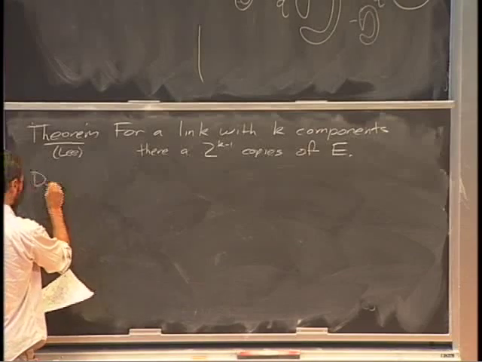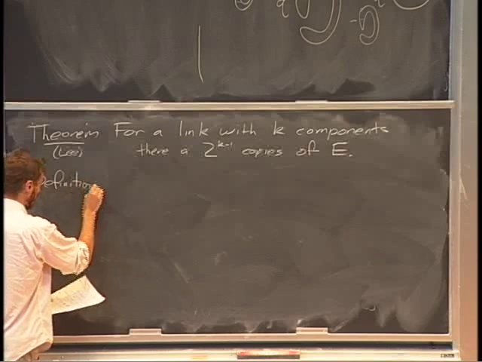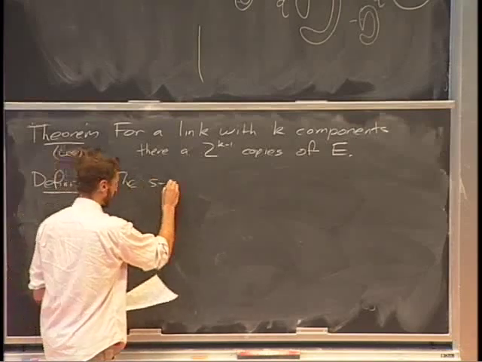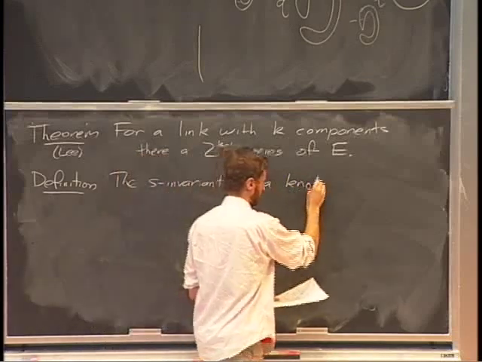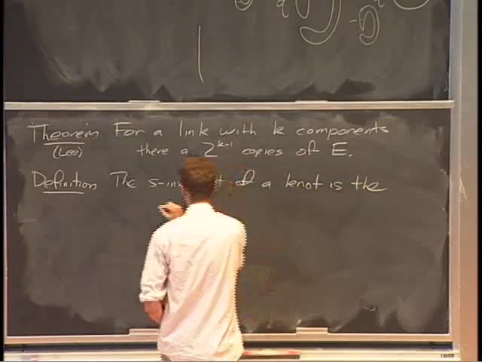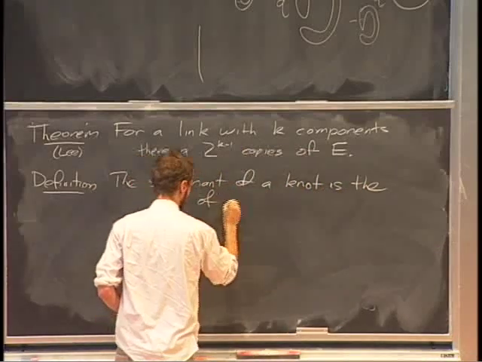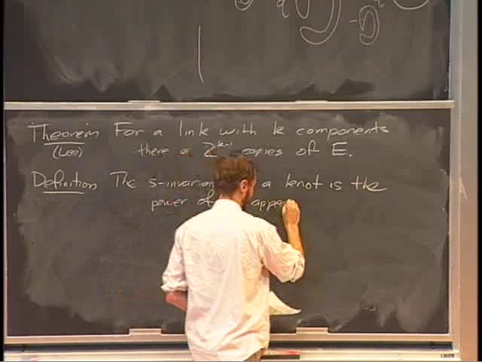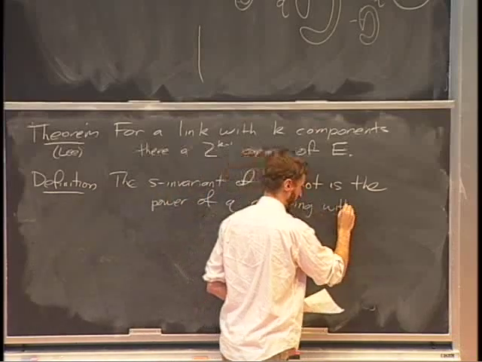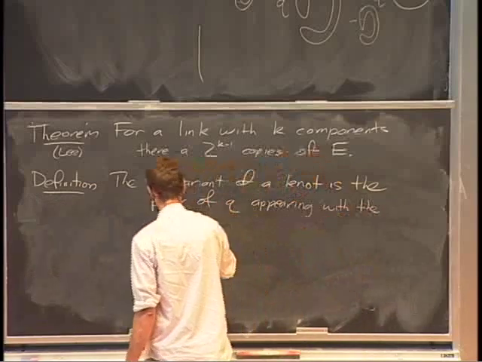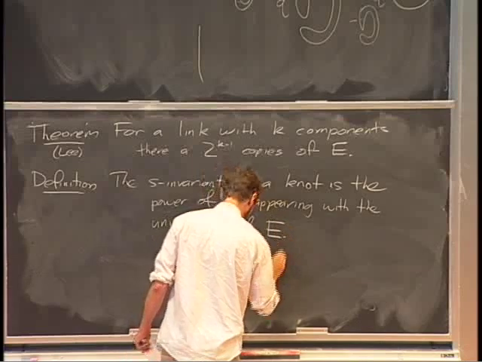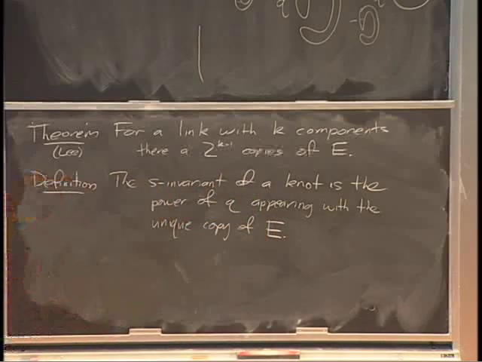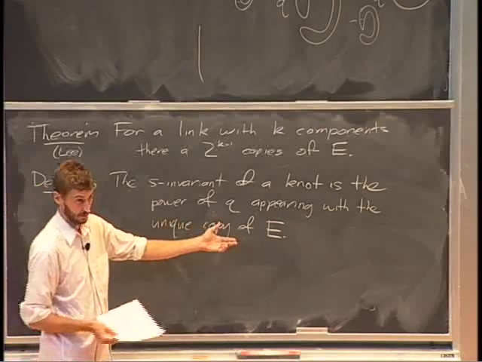Okay, so then here's a definition. The S-invariant of a knot is the power of Q appearing with the unique copy of E. And said this way, this is a great definition because we've seen that the S-invariant is explicitly computable.